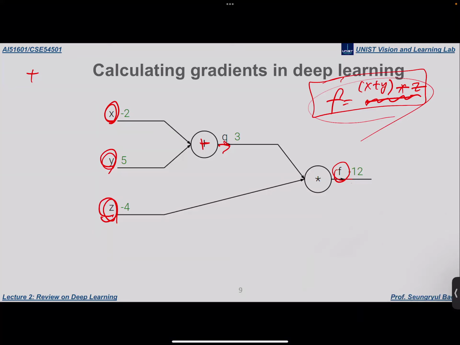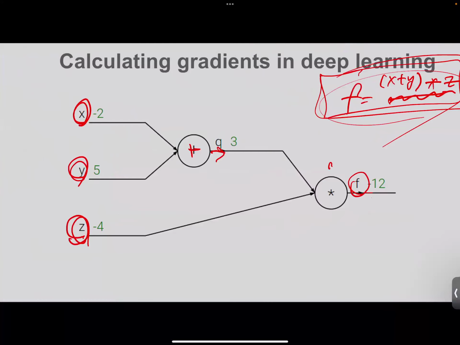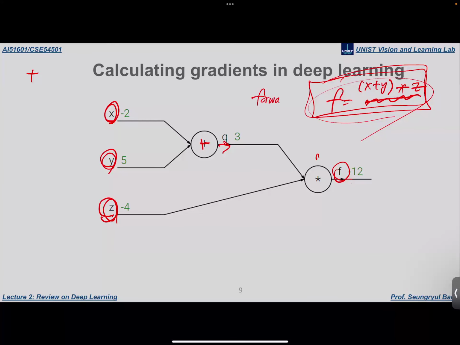And this is the forward path. I mean, how we calculate the output from the input. That's called the forward process. But we also have to define how to get these three gradients.